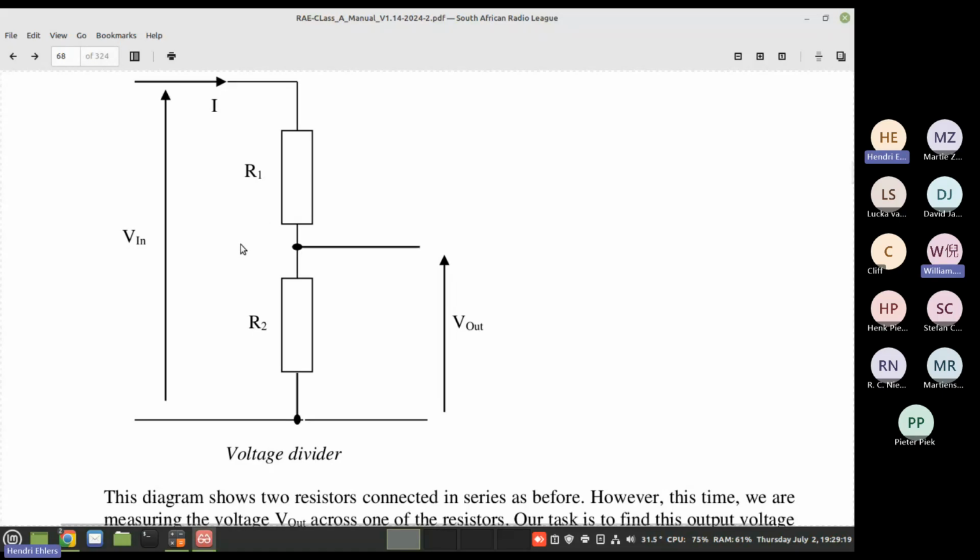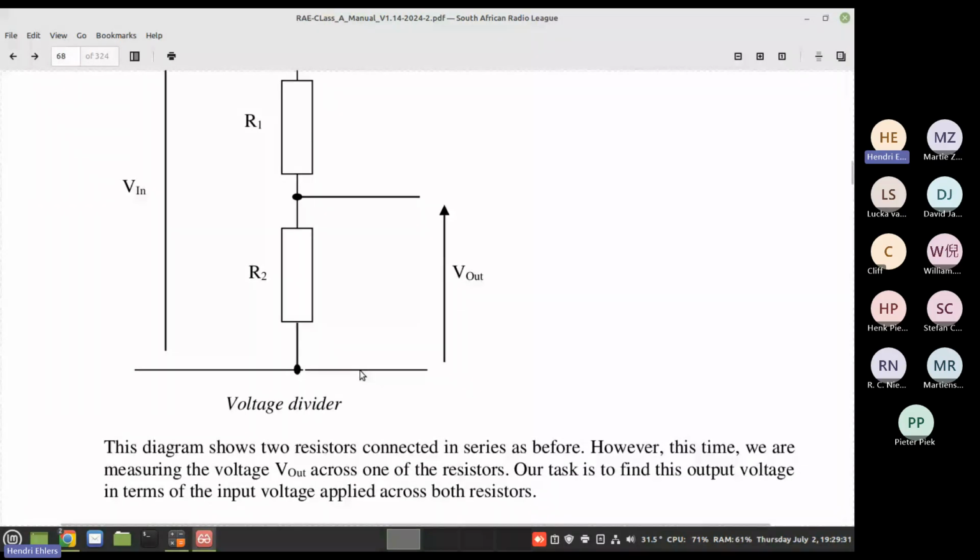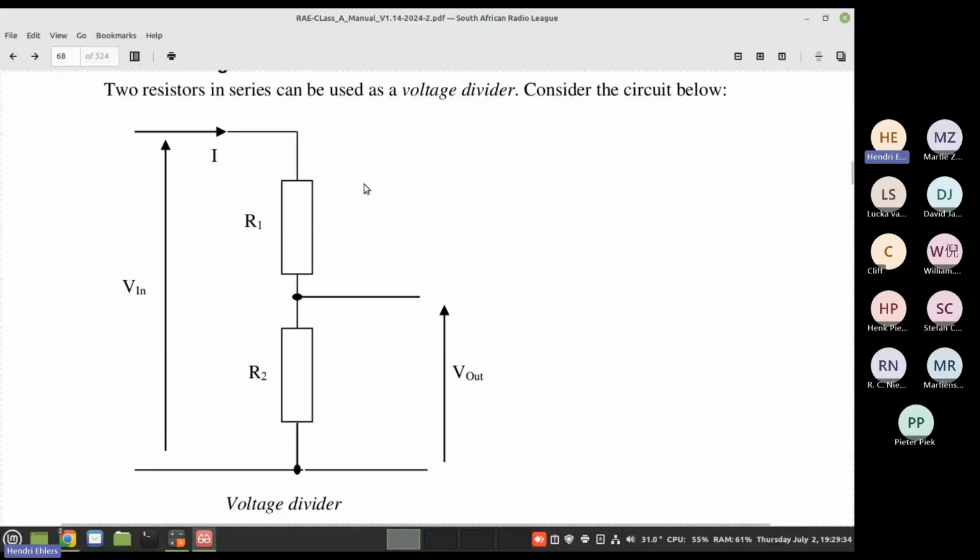And voltage dividers are used, well, virtually everywhere. The moment you try and interface the real world with a microcontroller, you're going to construct some kind of a voltage divider. You can also use a variable resistor as a voltage divider.